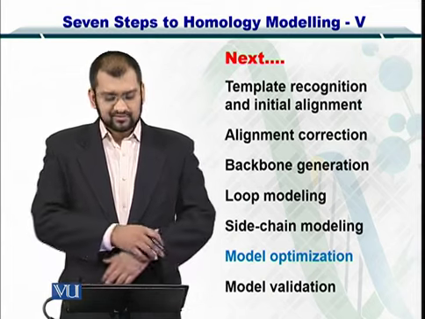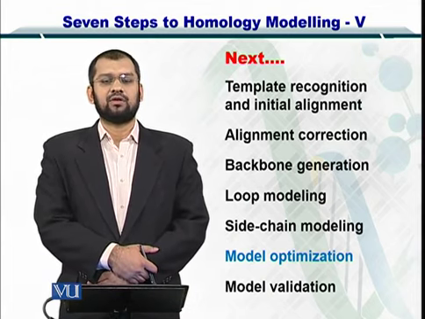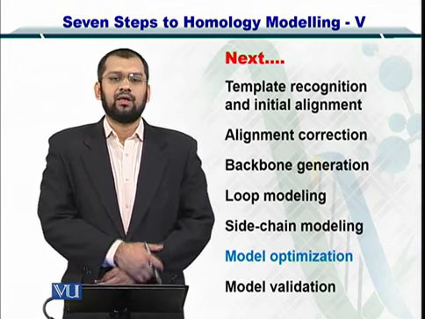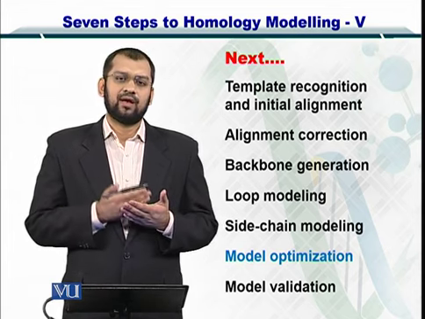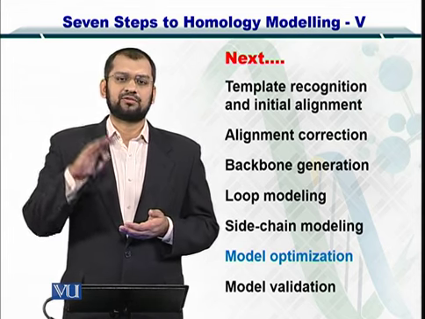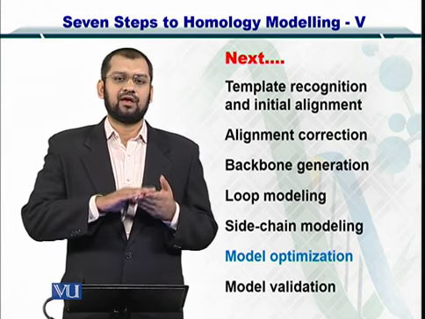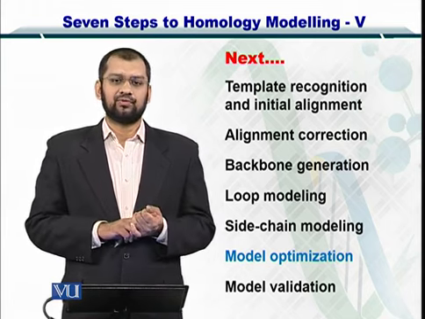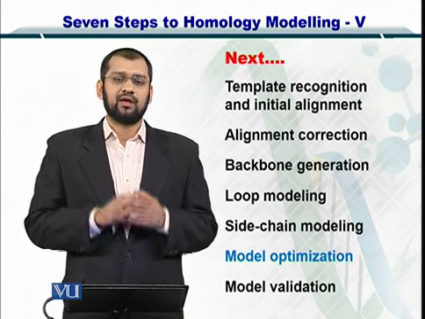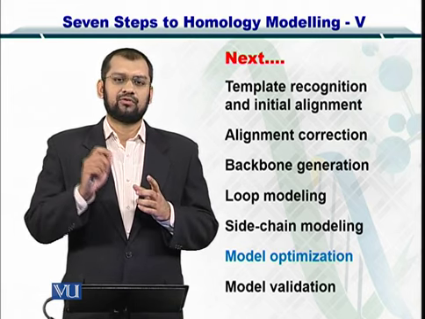Now the next step is the optimization of this model. One would argue that we have properly constructed the backbone and then inserted the side chains as well as the loops and the turns, followed by the insertion of the rotamers.